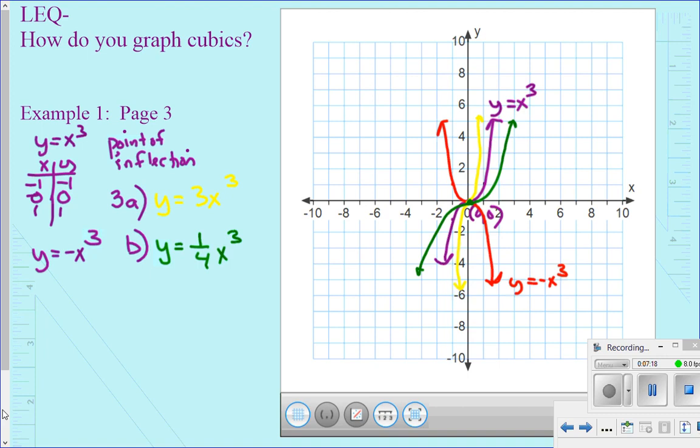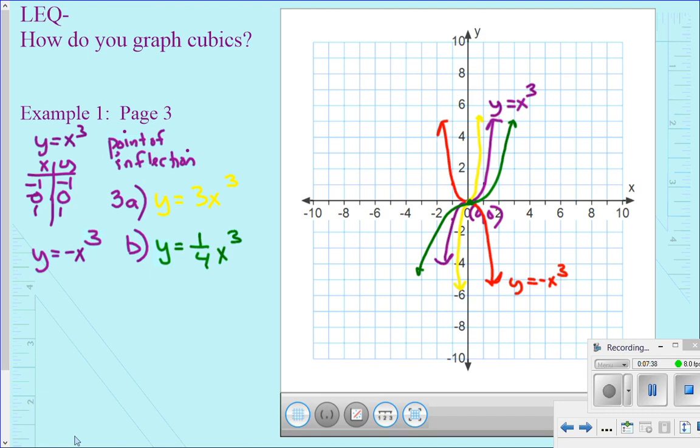Okay, so again, just like the quadratic equations, the a value is greater than 1 for a vertical stretch and less than 1, and of course we're talking about the absolute value of the a, less than 1 if the graph is vertically compressed.